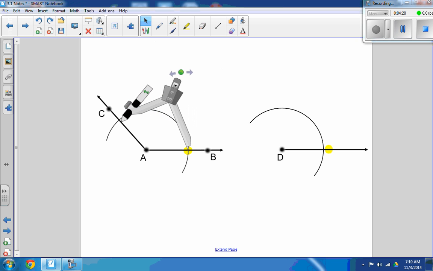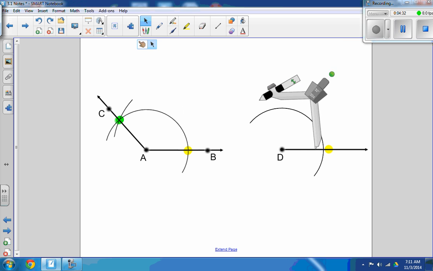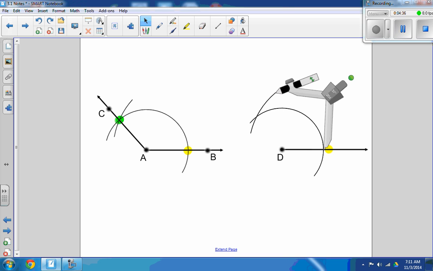I'm going to line this up so it intersects where the first arc intercepts the angle, right there. I'll do that over here on the other side. And there we go. There's my angle. I recreated it. Those angles have the same measure.